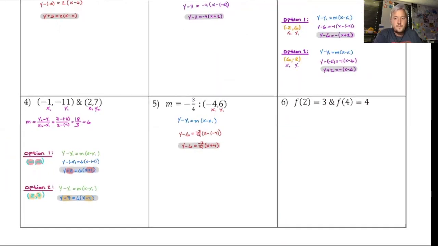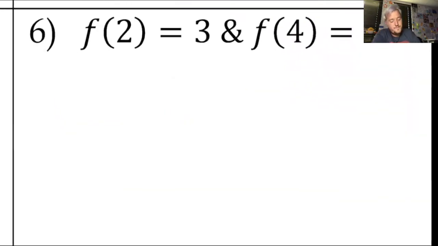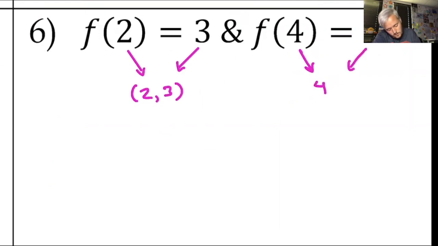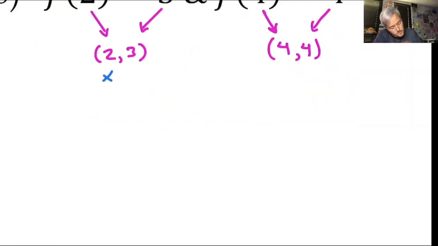All right. Number 6. So I need to start by turning these into coordinates. So this is going to be 2, 3. And this over here will be 4, 4. All right, so I need to find the slope first. So x1, y1, x2, y2.